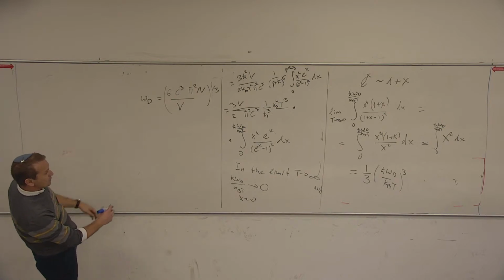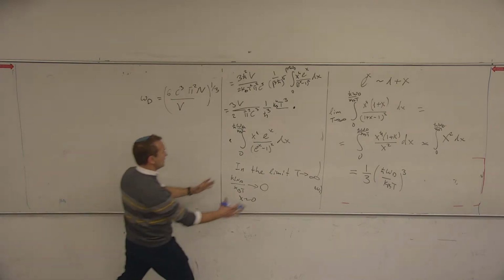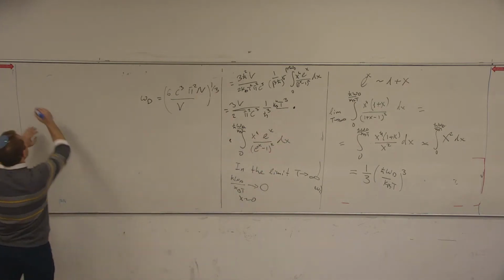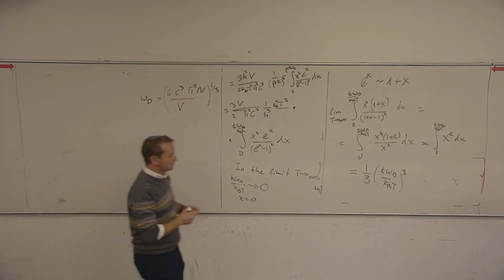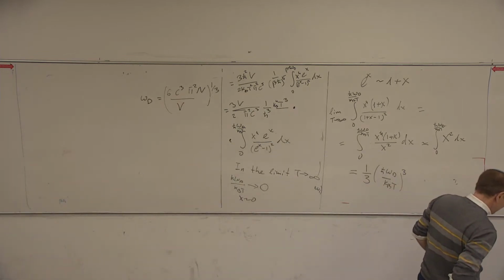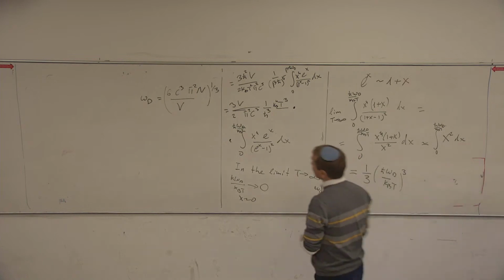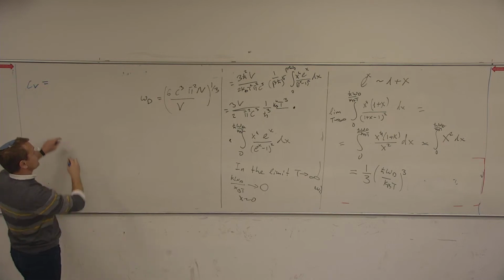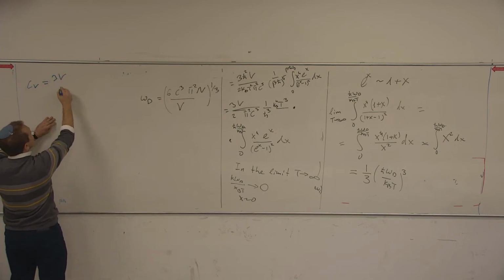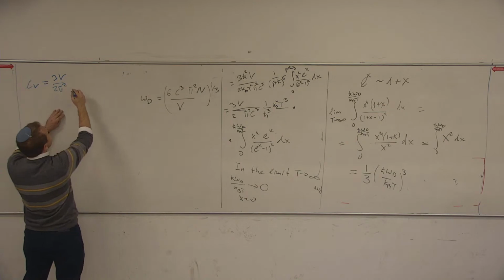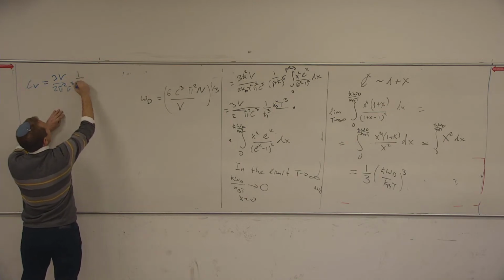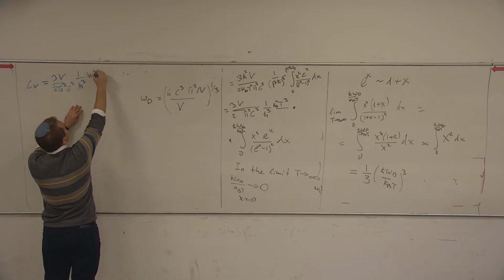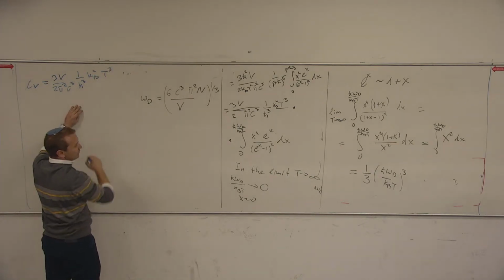Okay, so what we're left with is, let's put everything back inside. So this stays the same, and this is something new. So we have C_V equals 3V over 2 pi squared c to the third, 1 over h bar to the third, k Boltzmann to the fourth, t to the third, right?